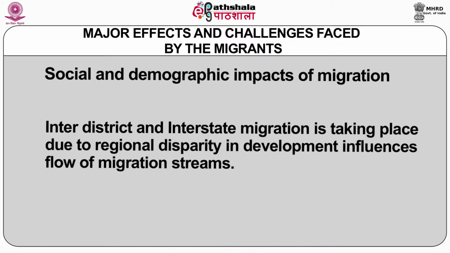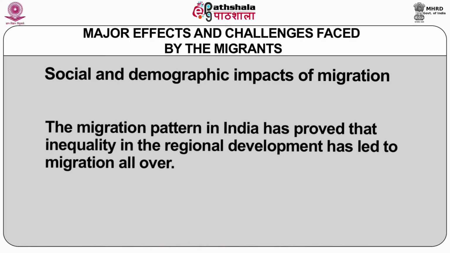Inter-district and interstate migration is taking place due to regional disparity in development, which influences the flow of migration streams. The migration pattern in India has proved that inequality in regional development has led to migration all over. Progressive states which have developed well through higher investment, resources, and better job opportunities experience a high influx of migration.